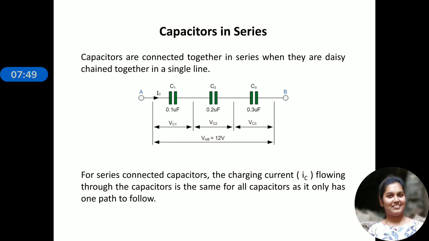The result of this is that the effective plate area has decreased to the smallest individual capacitance connected in the series chain. Therefore, the voltage drop across each capacitor will be different depending on the value of the individual capacitance.